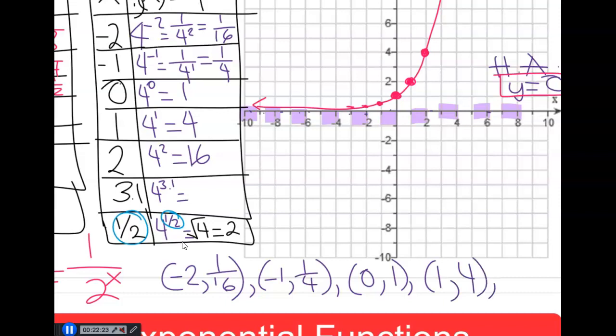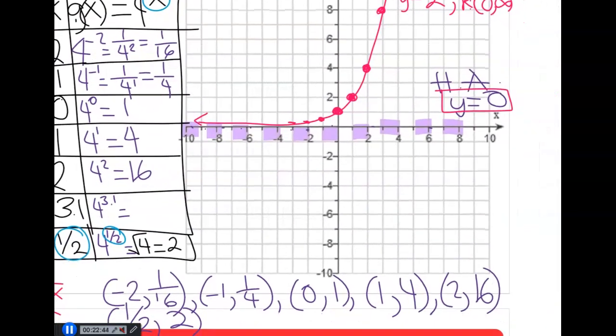And then here I'm going to have 2, 16. I'll get creative with it. And then let's see, 1/2 for the x, and then we got a 2 for that one. So that would be a good reference point. Okay, so let's go ahead and do this.